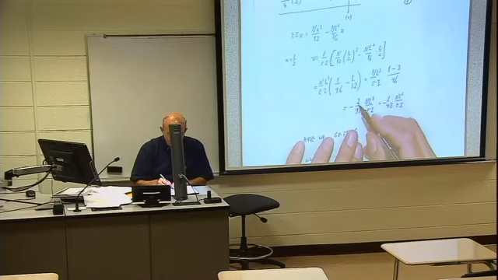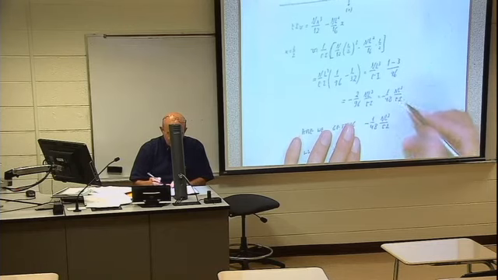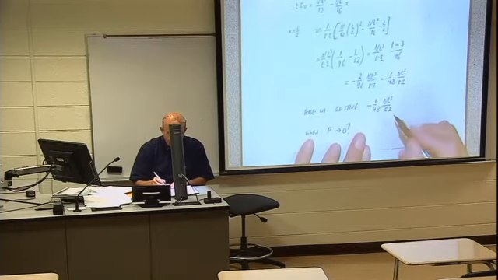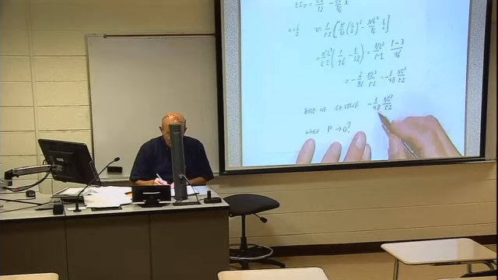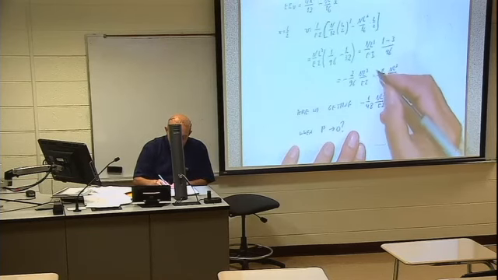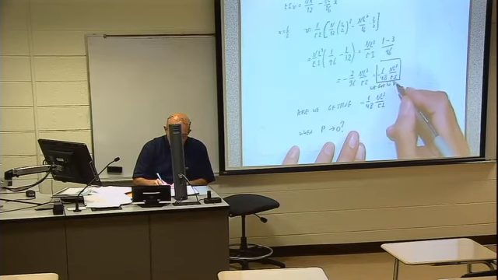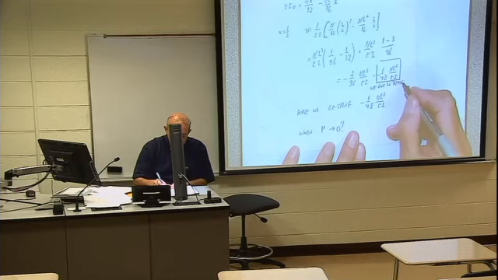So it will be minus 2 over 96, or minus 1 over 48. So we are getting minus 1 over 48 n L cubed over EI. So that is the displacement that we got in the deflection part.